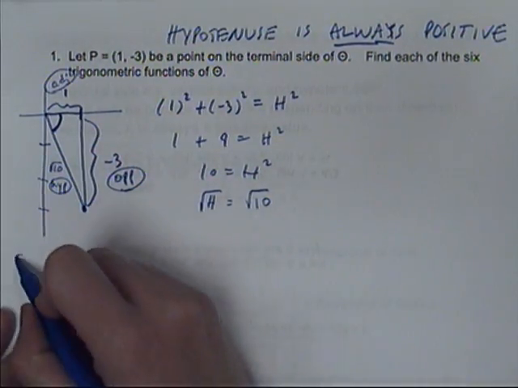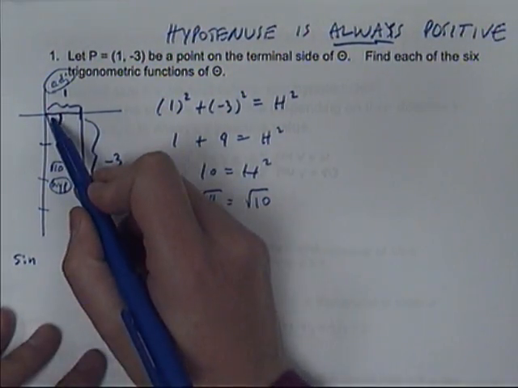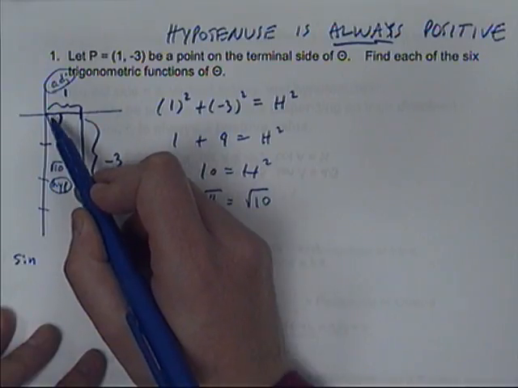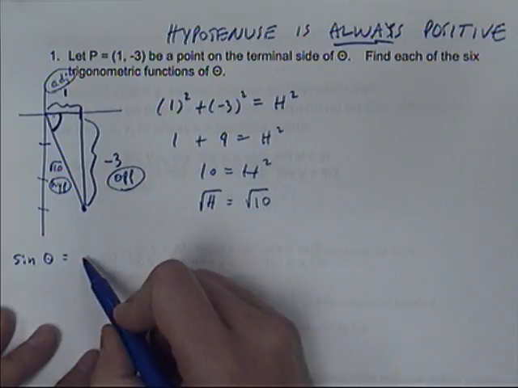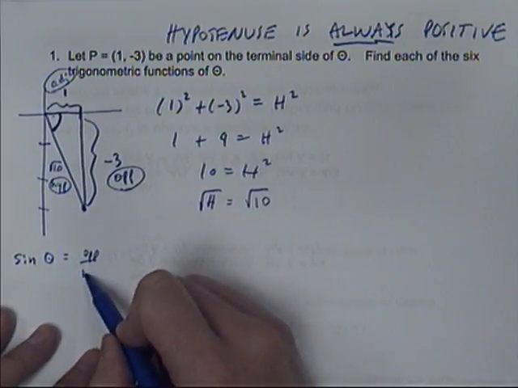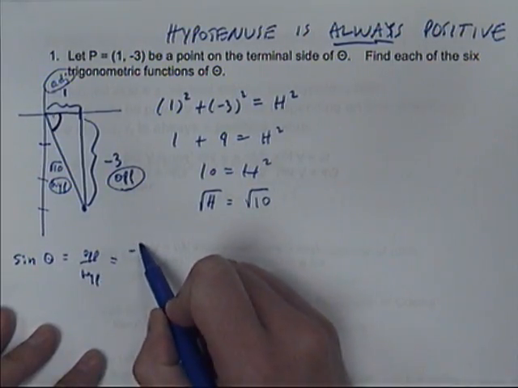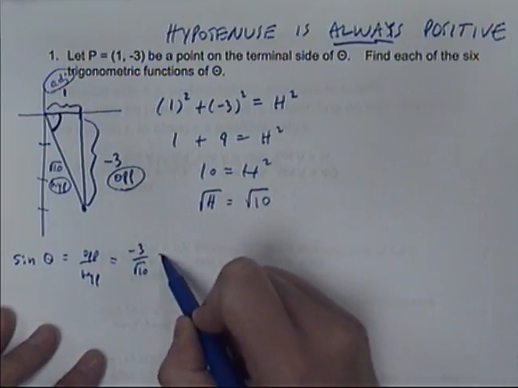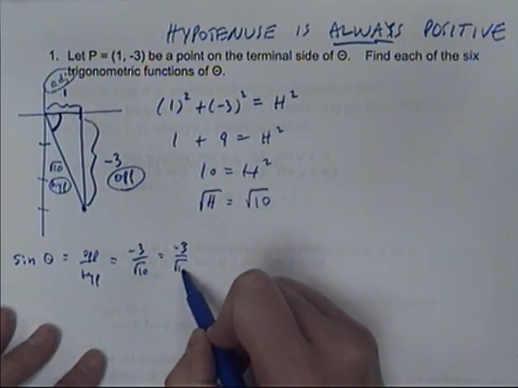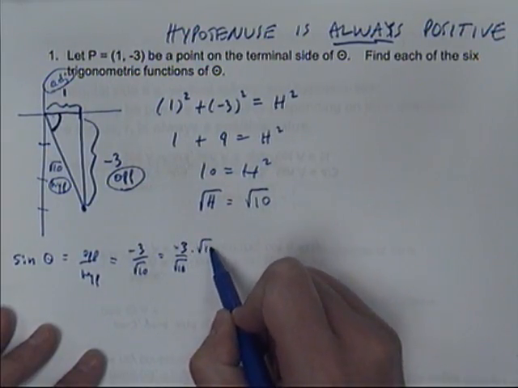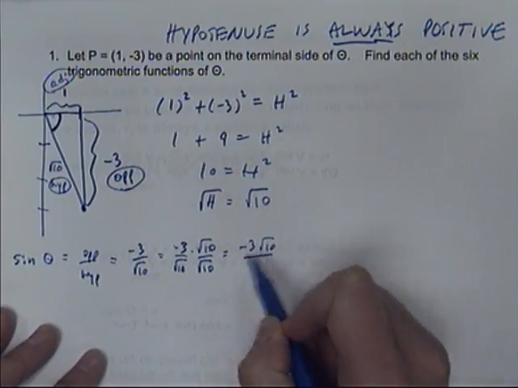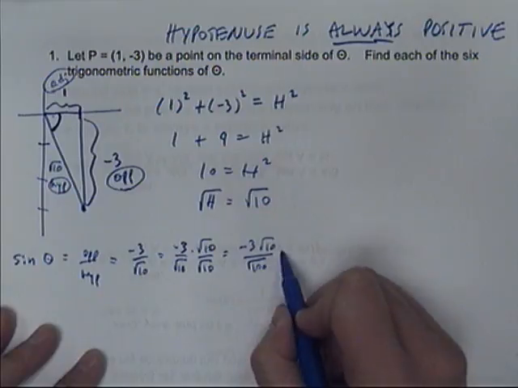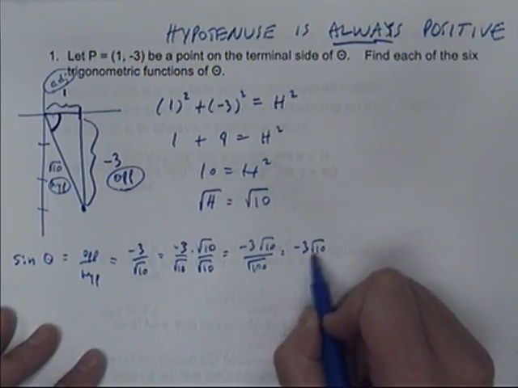Well, the sine of this central angle, which is right here, the sine of that angle is opposite over hypotenuse. So that would be negative 3 over the square root of 10. Now we can simplify that by multiplying by root 10 over root 10, which is negative 3 root 10 over the square root of 100, which is just 10.